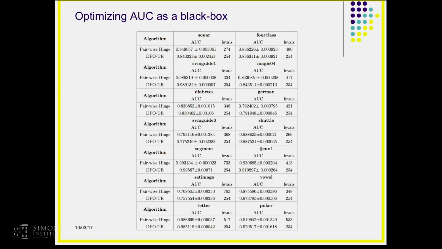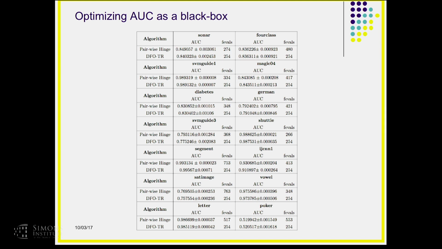All right, I have maybe too many computational results here, but what I'm trying to show is basically the bottom line. So we tried the trust region derivative-free method, which I'll talk about in a minute. And we tried it on various data sets, again, the same thing, and basically compared it to the standard optimization of AUC with a hinge approximation.